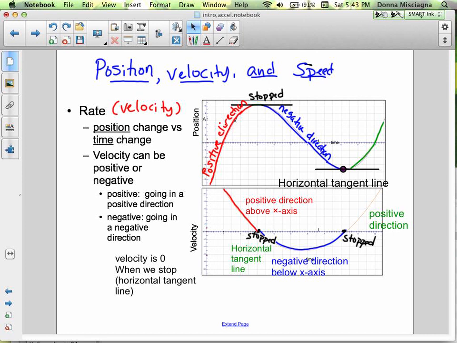And then notice after we stop, we turn around. So every time this function is stopped, it's turned around. That's why it's stopping. It's turning around. Now it's moving in a positive direction. Let me make that nicer.